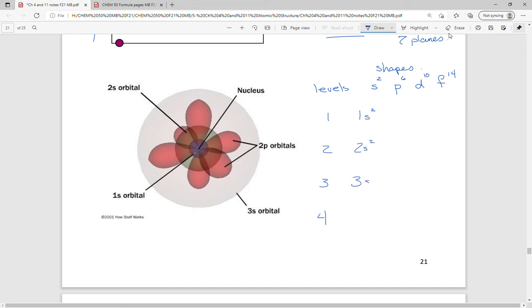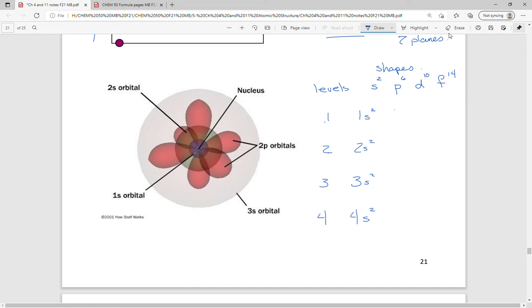So the third energy level for the spherical shape, and each energy level would nest together. The second energy level of the spherical shape is bigger than the first energy level of the spherical shape. And again, these all nest together. If I were to look at the p orbitals on the first energy level, they would be the smallest, right?